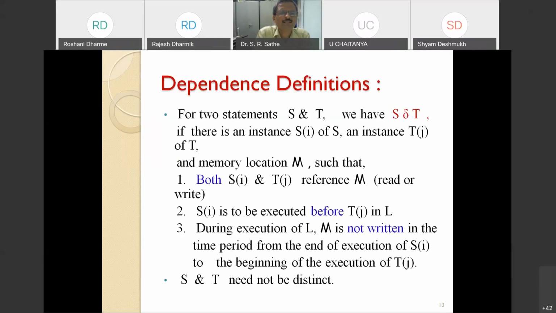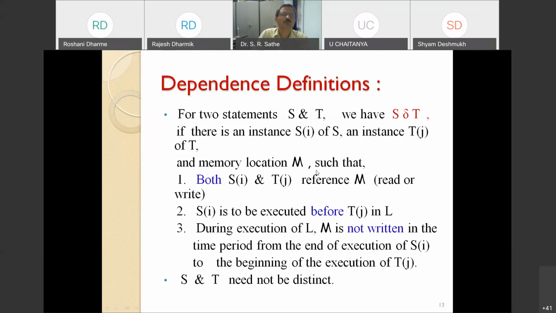For two statements S and T, T depends on S if there is an instance Si of S and an instance Tj of T, and there exists a memory location M such that both Si and Tj reference M. One of them is writing the variable, say S is writing and T is reading the variable.